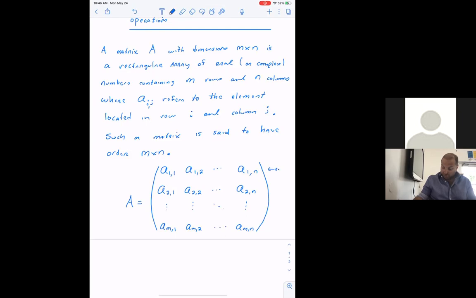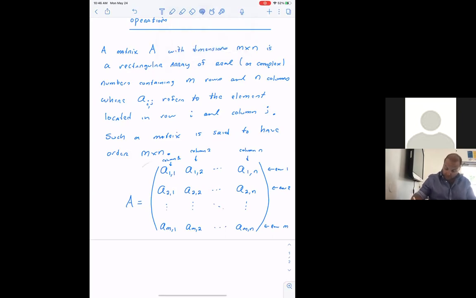So this is the first row, this is the second row, this is the mth row. Column 1, column 2, all the way through column n.